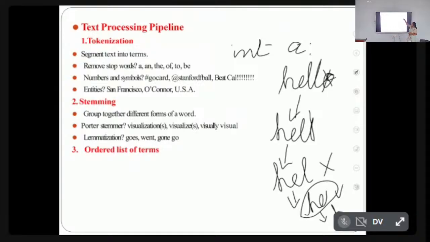You have to break the word like this. Finished? Yes. Right, the first pipeline step is tokenization. Some example you have taken here.